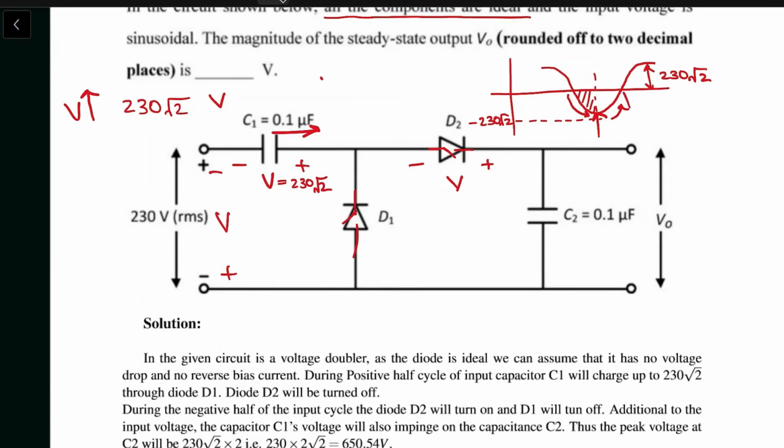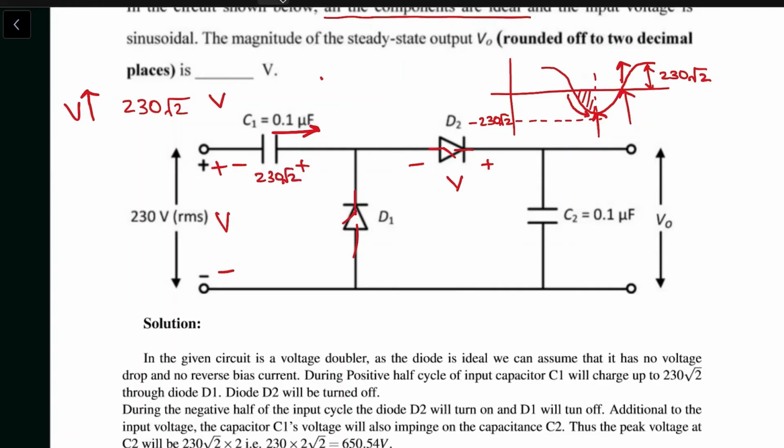Now once the voltage V becomes positive, once it crosses this mark and goes above it, the polarity of the input voltage flips and starts rising towards plus 230 root 2.